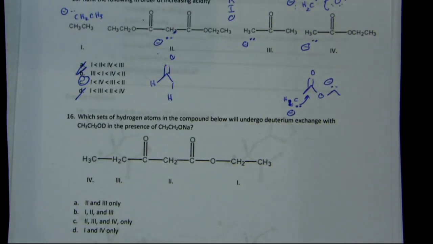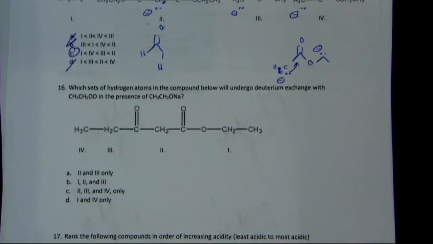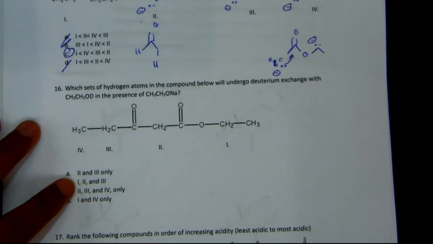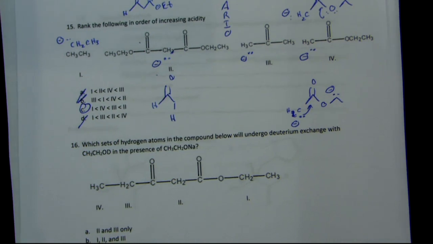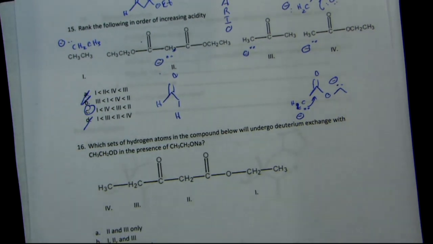Okay, so let's move on to 16. We're all good with that one? Which sets of hydrogen atoms in the compound below will undergo deuterium exchange in the presence of that? My naming's not my best quality. For this one, all it's saying is which are my most acidic hydrogens. Because once my hydrogen leaves, what do we have? A negative charge, right?